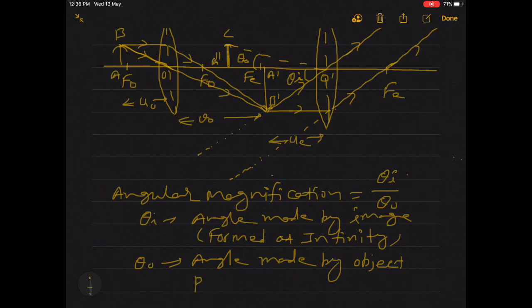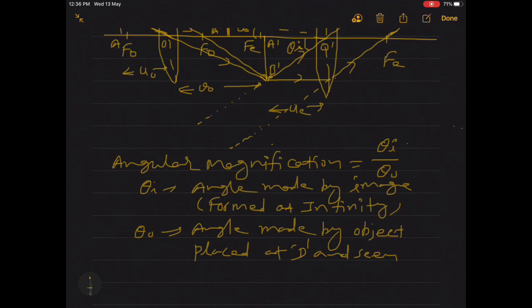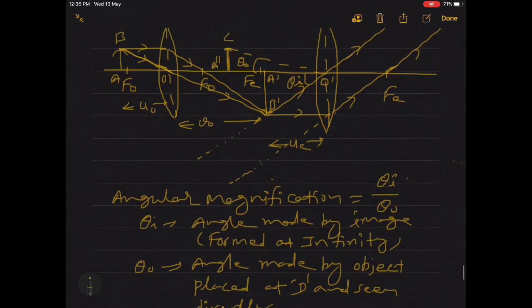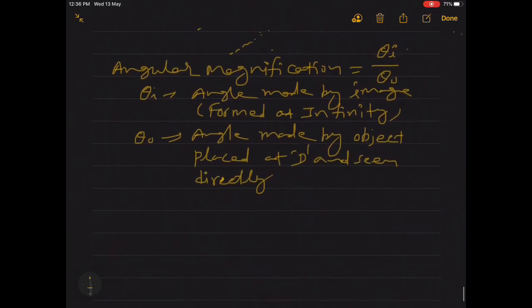Where it is placed? Placed at D, and seen directly. Directly means without using the lenses, that is eye lens. So now again we have to find out these two ratios.